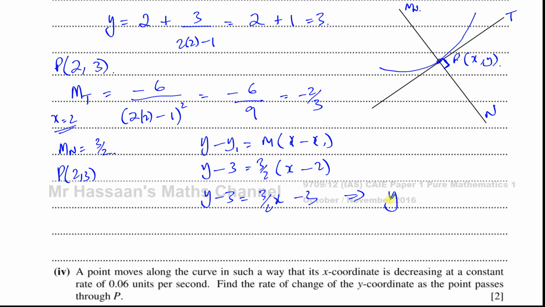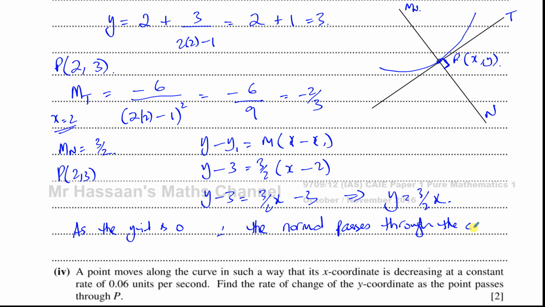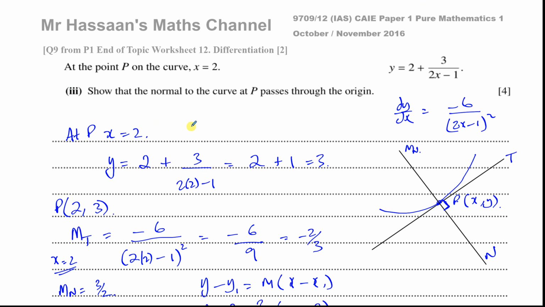So we end up with y equals 3/2 x. So we can say the y-intercept is 0, therefore, okay, the normal passes through the origin. Okay, so there we have the answer to part 3 of the question.